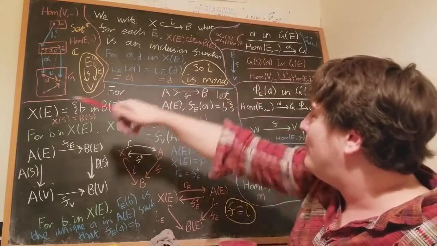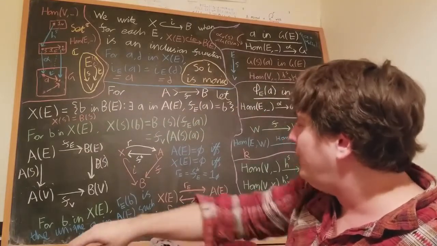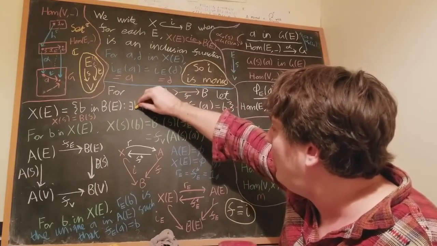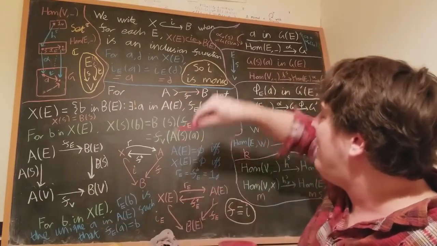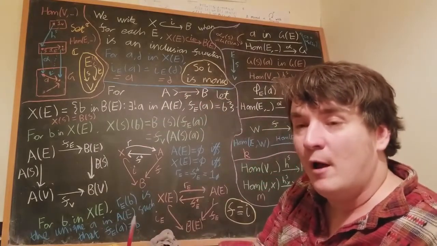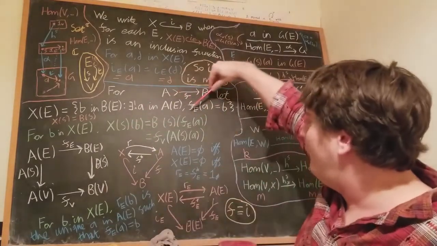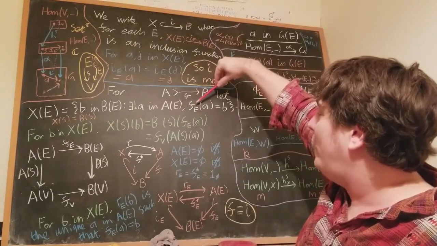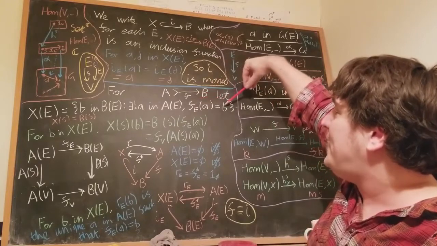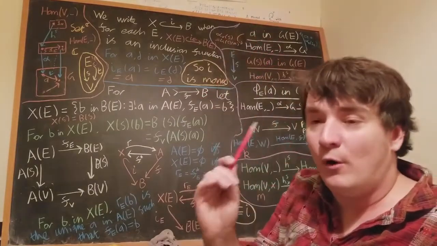Okay, I might also add that we could say here there exists a unique a, because we know that f of e here is 1 to 1. It's a 1 to 1 function, okay? So if there is some a such that f of a equals b, there can only be one such little a.